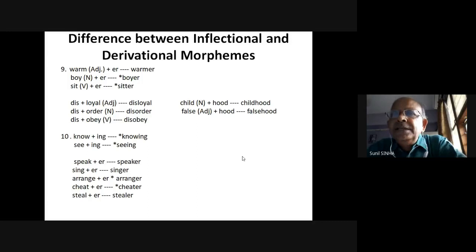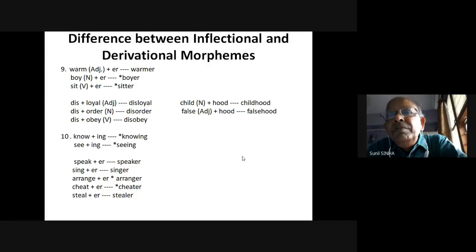Now look at ER, warmer. ER can be added to an adjective. So we can add ER to warm. Warm is an adjective, and so we get warmer. And warmer means more than warm.